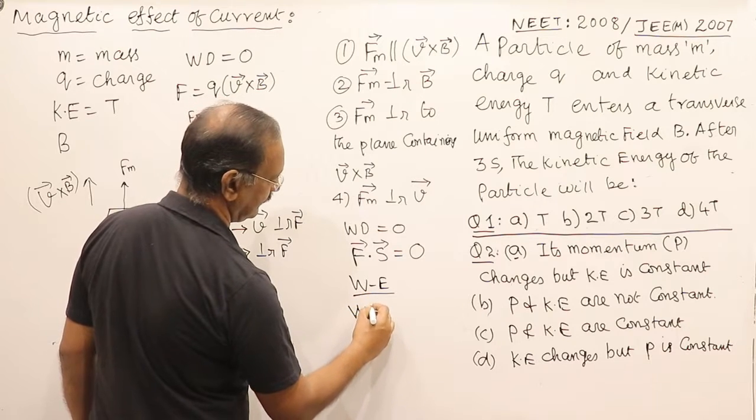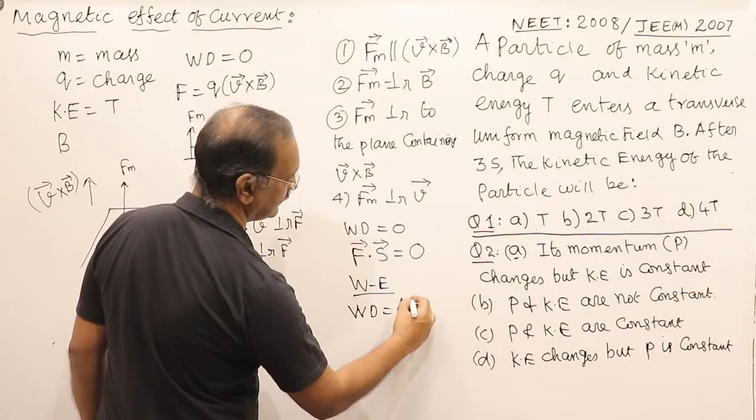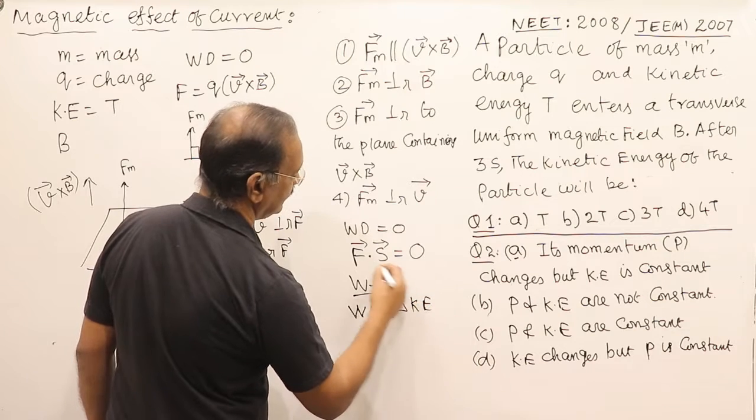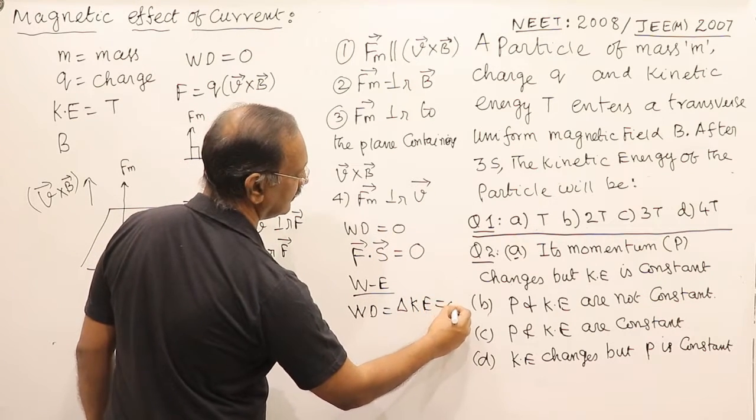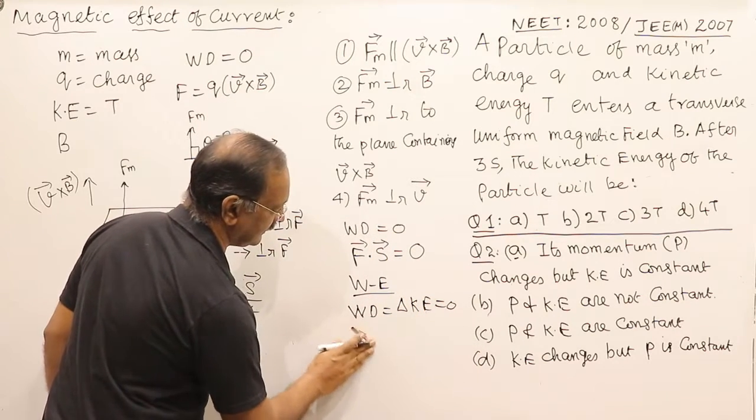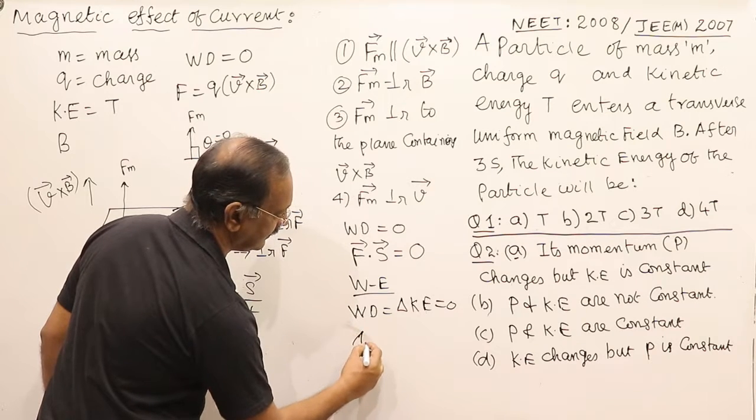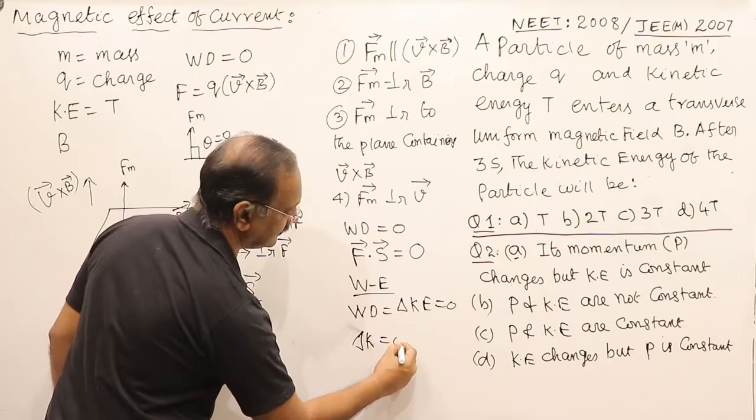By the work energy theorem, work done is equal to change in kinetic energy. Here the work done is 0, so the change in kinetic energy is 0.